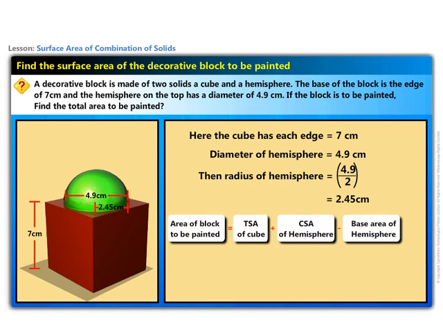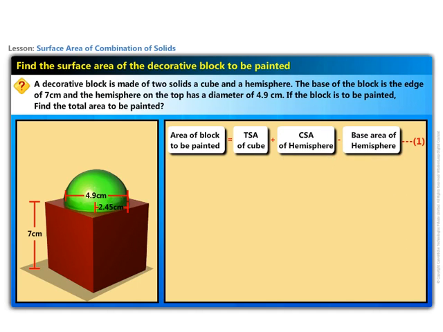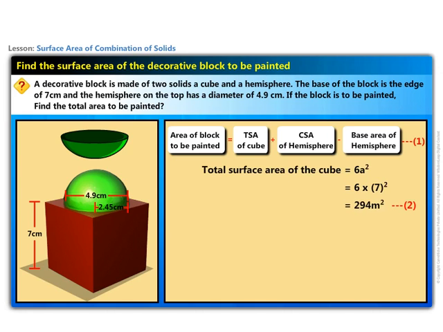So the area of the block to be painted is equal to the sum of the total surface area of the cube and the curved surface area of the hemisphere, excluding the base area of the hemisphere. Let us take this as equation 1. What is the total surface area of the cube? We know the total surface area of the cube is equal to 6a². Substituting the values and simplifying, we get the total surface area of the cube equal to 294 centimeters square.